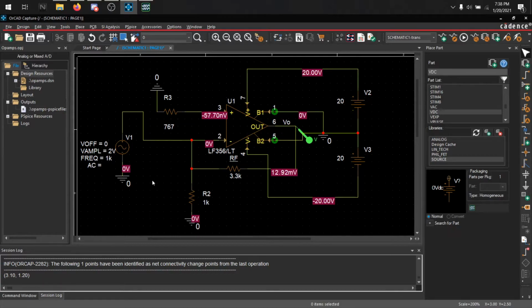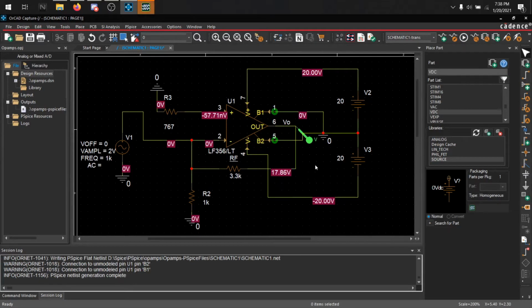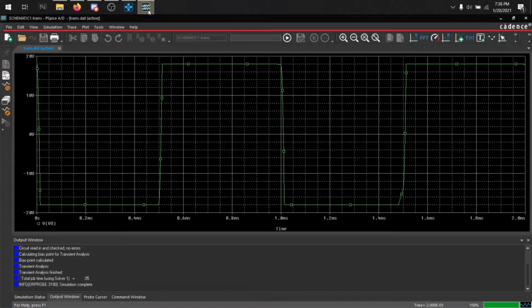And then for the inverting, it'll be negative RF over R2. So 3.3 over 1K, so it'll just be negative 3.3. So now if we do the same thing again, run the simulation, it should be negative 6.6.